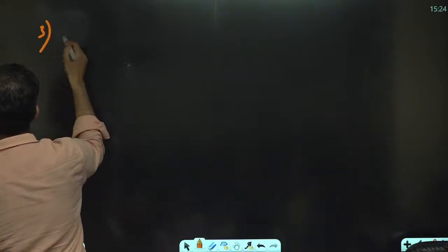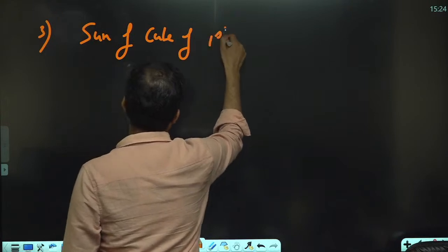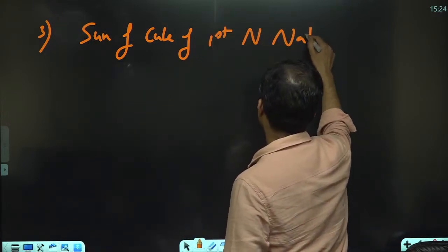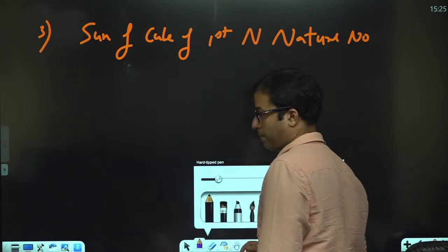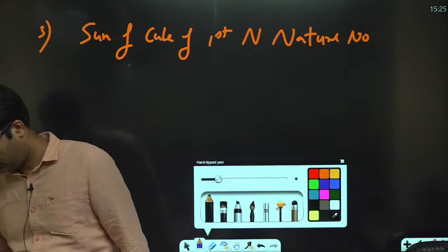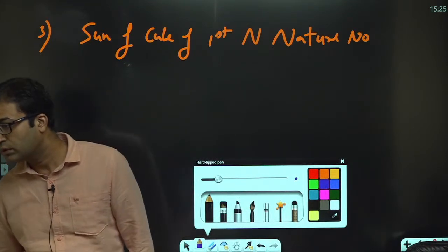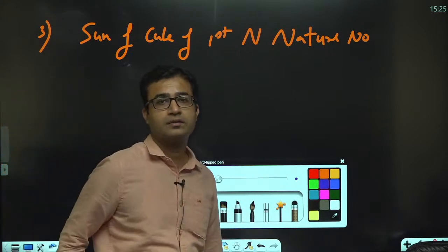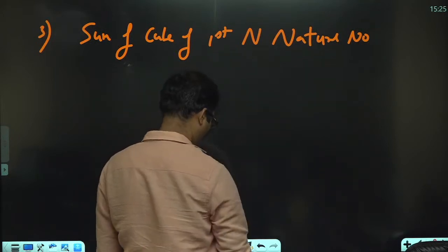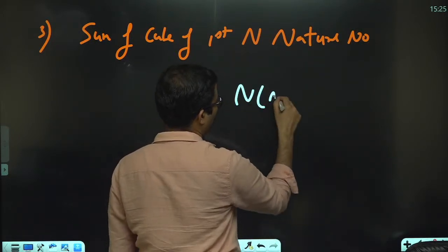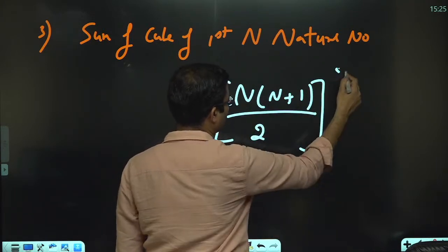Rule number 3. Sum of cube of first n natural numbers. It is n into n plus 1 divided by 2, whole square, the whole square of this.